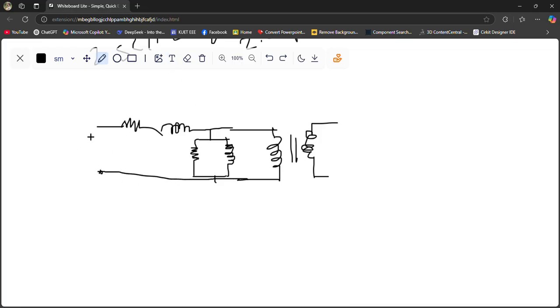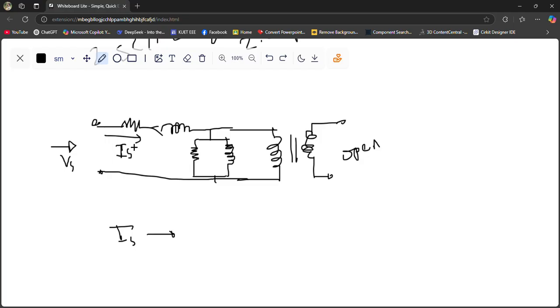In the primary side we will apply a voltage, let's say Vs, and we have to keep the secondary side open. Why should we keep the secondary side open? Because when the experiment is performed, there will be a current flowing in the primary side, let's say Is, and our target is to make all of the Is current flow to the magnetic side.